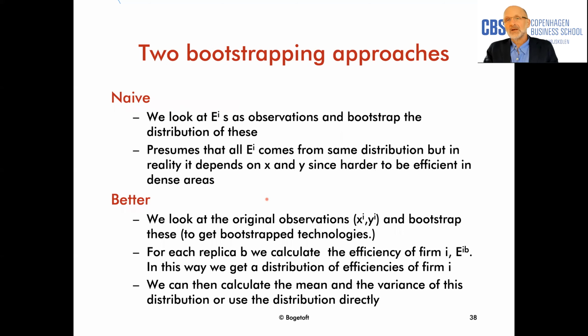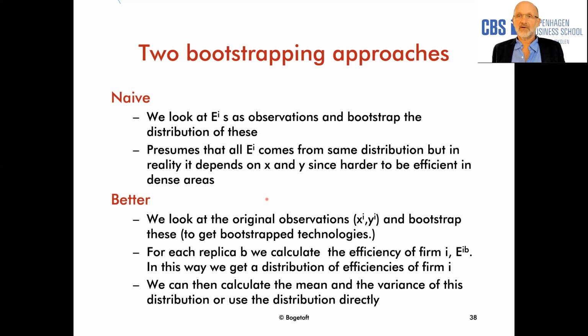Okay, so there are two ways to do this. The naive way is that we look at the efficiency scores as observations, and then we just bootstrap among those, similar to the case I looked at before. In that sense you'll get some kind of an idea about the distribution of these bootstrap values.